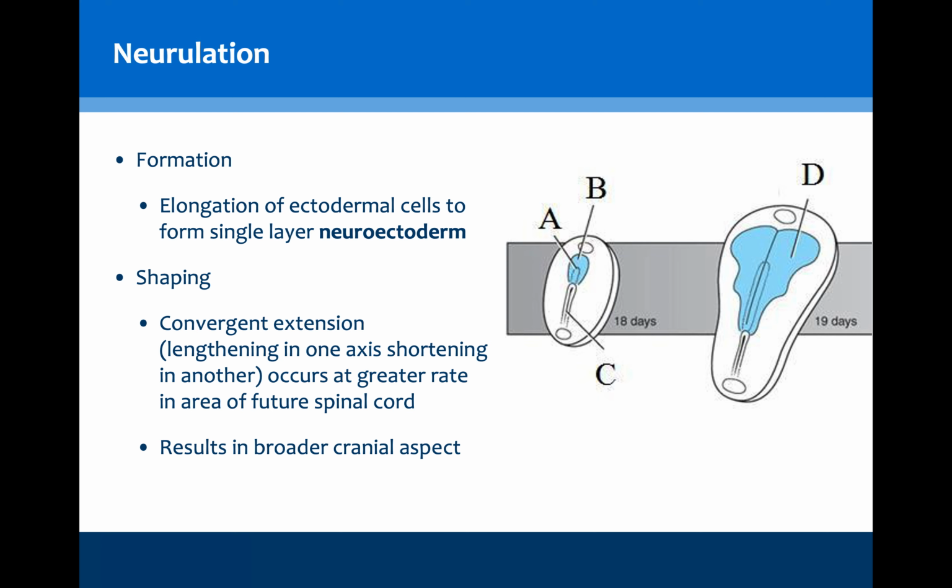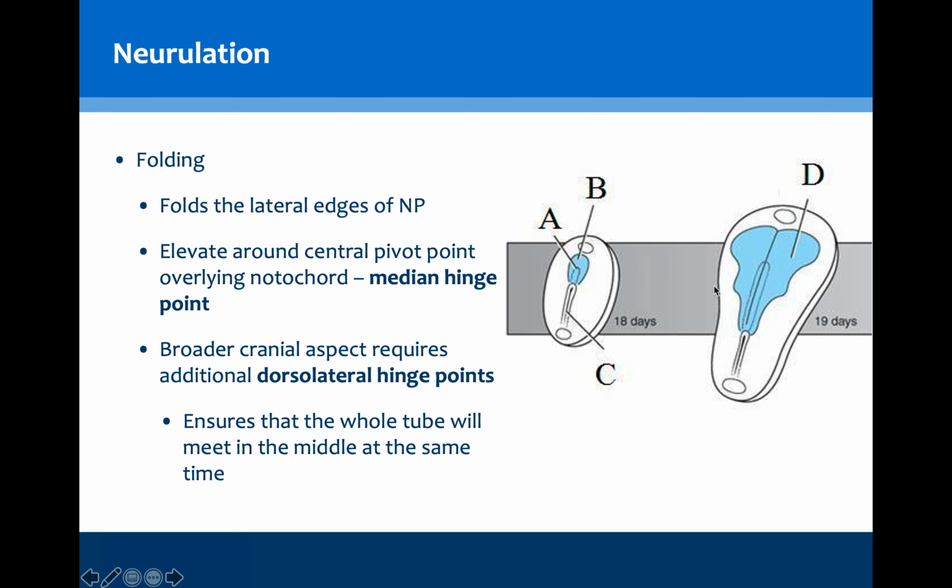There's lengthening in one axis and shortening in another, and so you have a greater rate of lengthening occurring in the area of the spinal cord, and this results in a broader cranial aspect. The physical consequence of this, though, is that if you imagine trying to fold this whole neural plate, the edges aren't going to come together at the same time.